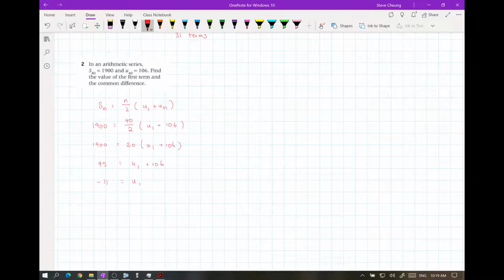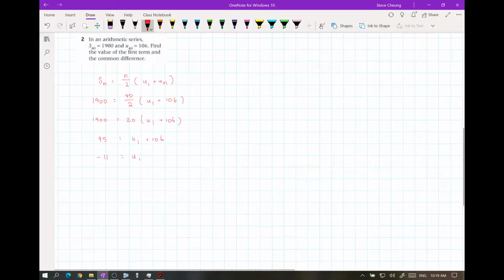And then for the common difference, you can use any formula you like now, but I will just stick with the un formula. So u40 equals u1 plus 39 times the difference, and we will just substitute these here. Divided by 39, you get d equals 3.